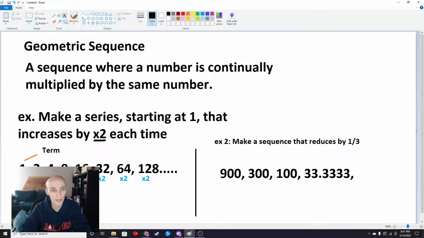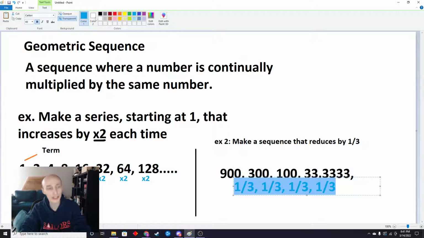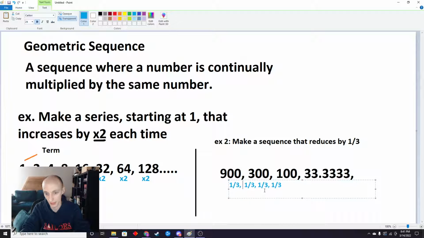But each one is multiplied by 1/3, 1/3, 1/3, and so on. Okay? It's just about starting with one ratio and doing that over and over again, whether that's multiplying it by a certain factor or increasing it by a certain factor.